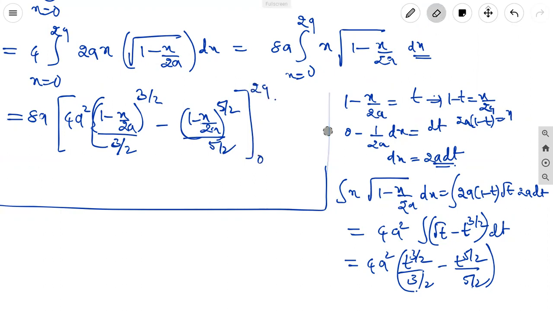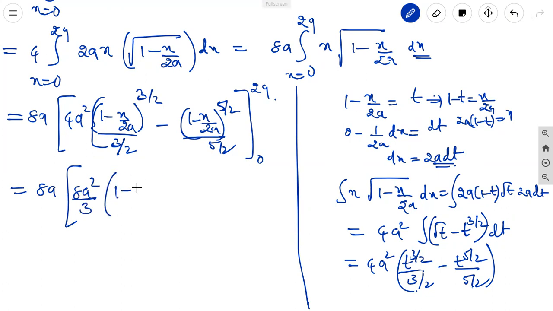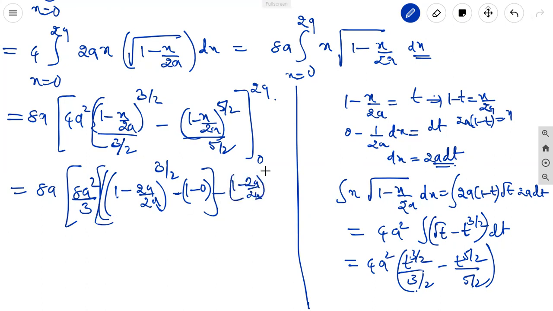Here it is equal to 8a into 8a square by 3. Limits 2a means 1 minus 2a by 2a whole power 3 by 2, minus 1 minus 0, minus 1 minus 2a by 2a whole power 5 by 2.